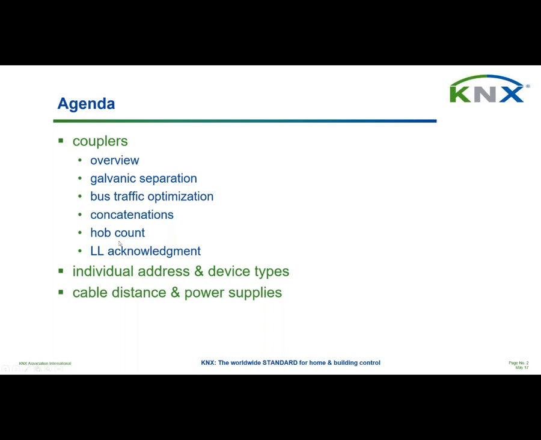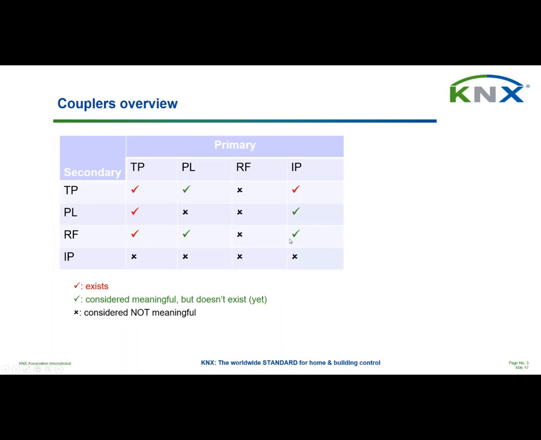Okay then, let's have a look at the first topic. Here's the complete overview of couplers. First of all, I need to make clear that a coupler always has a primary side and a secondary side. So there are always two connections. Listed on the top horizontally is the primary side.